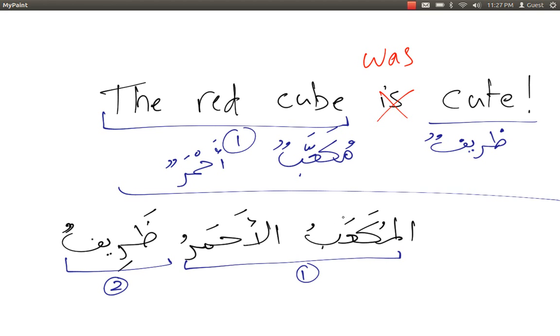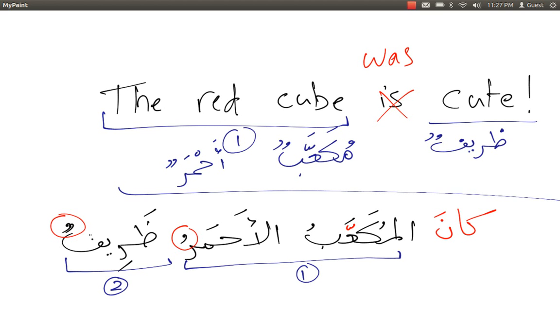In Arabic, again, we will have to use either kana or kanat in front. So since we're talking muka'ab and it's singular, it's direct, we'll have to use, if it's masculine, kana. Okay, kana al-muka'abu al-ahmaru. And what we change is not this, what we change is that.